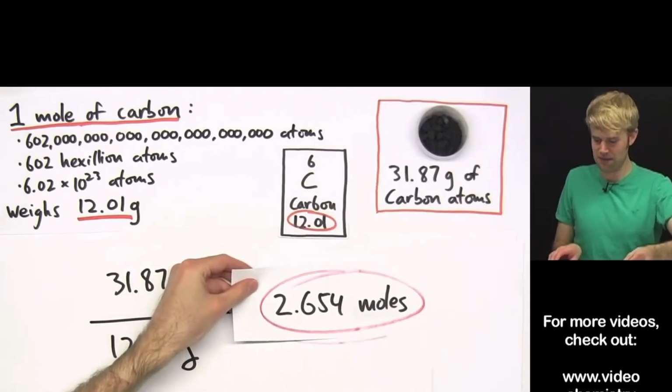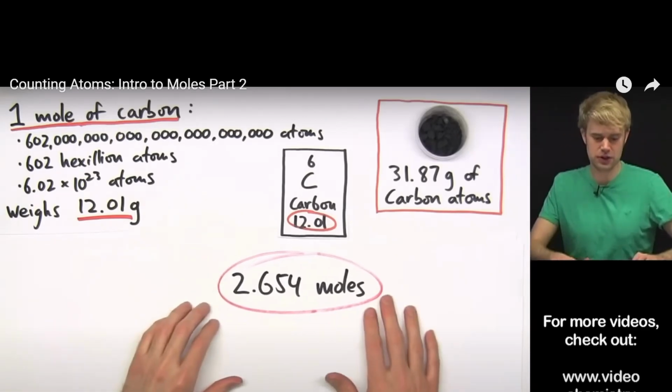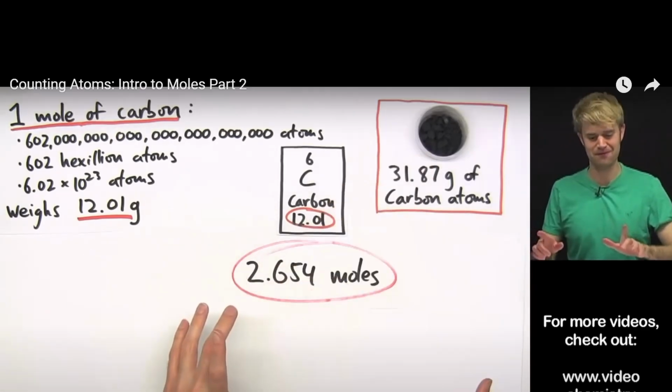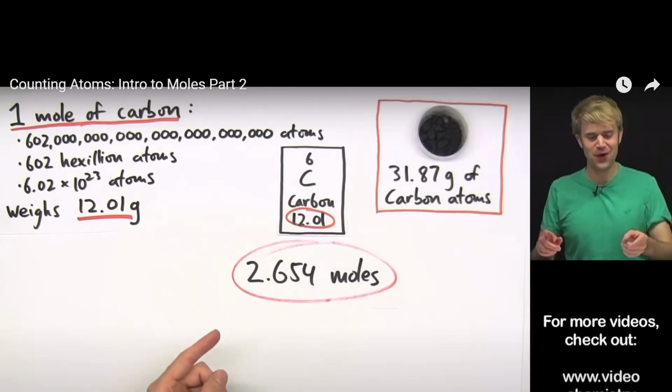Okay, we'll take this number, hold on to it because it's going to be important for what we do next. Okay, so how many atoms of carbon do I have in here? Well, do you think you could find out how many atoms of carbon there are? Give it a try. If you're like, I have no idea what to do, you remember how to go between moles and atoms? 1 mole of atoms is how many atoms? 6.02 times 10 to the 23 atoms.